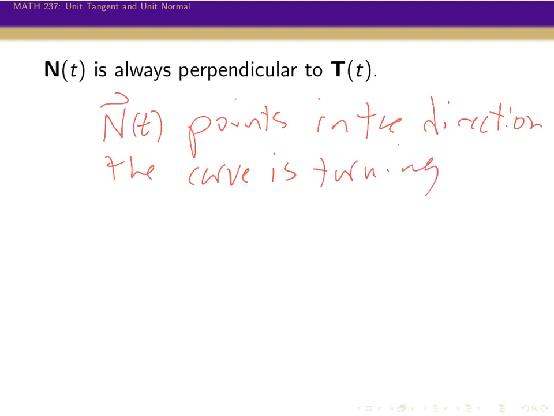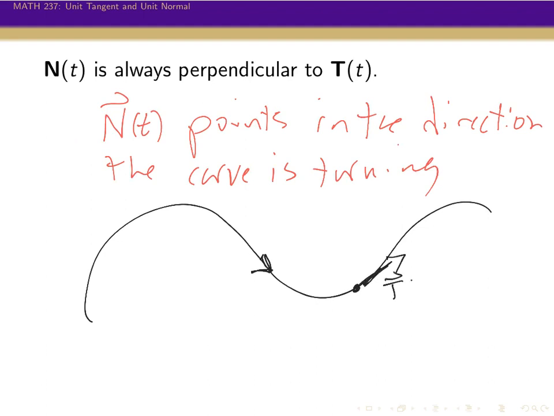Right. And so if we have some general curve like this, let's say we're moving in that direction, the unit tangent is going to be right there. The unit normal is going to be pointing in, and as this goes along, you can see the unit tangent is going to be turning to the left there, and so the unit normal is going to be pointing in.